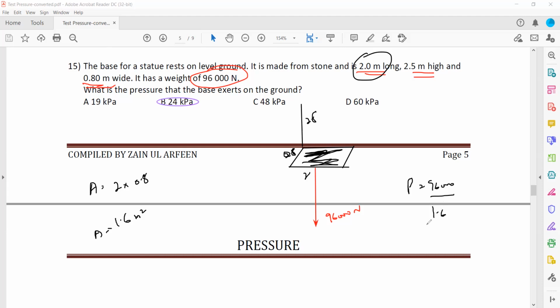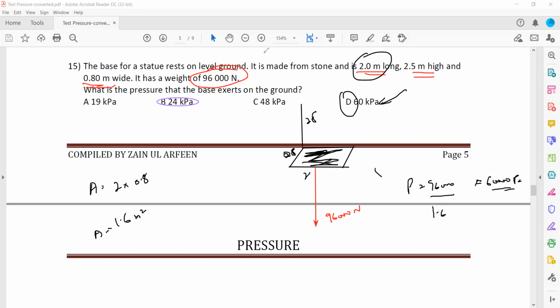Pressure is force divided by area. So 96,000 divided by 1.6 comes out to 60,000 Pascal, or you can also say 60 kilopascal. So D will be the right answer.